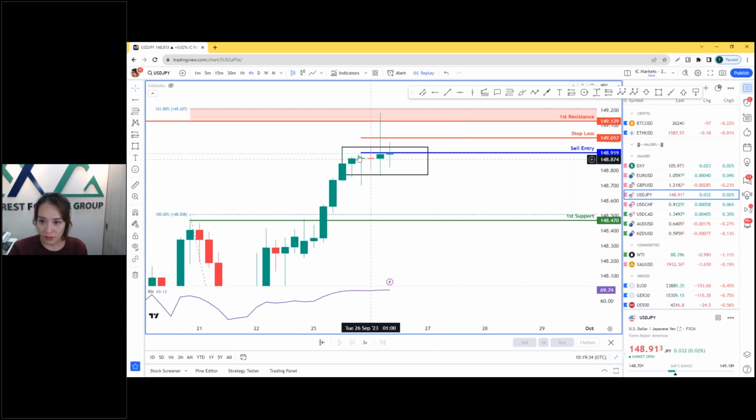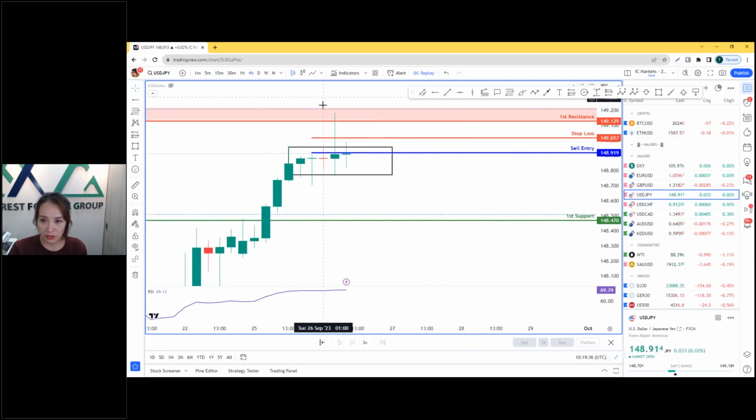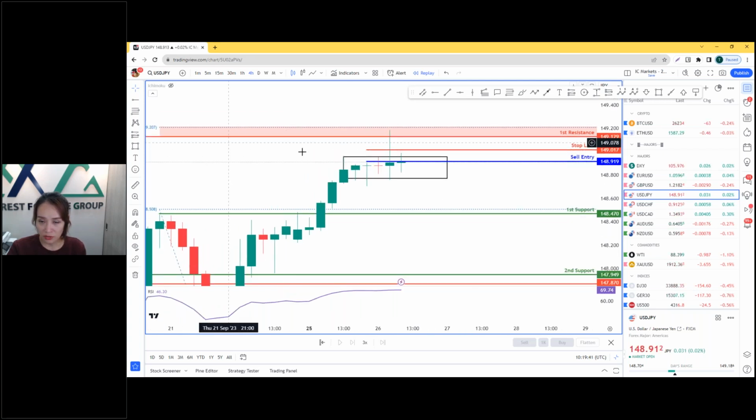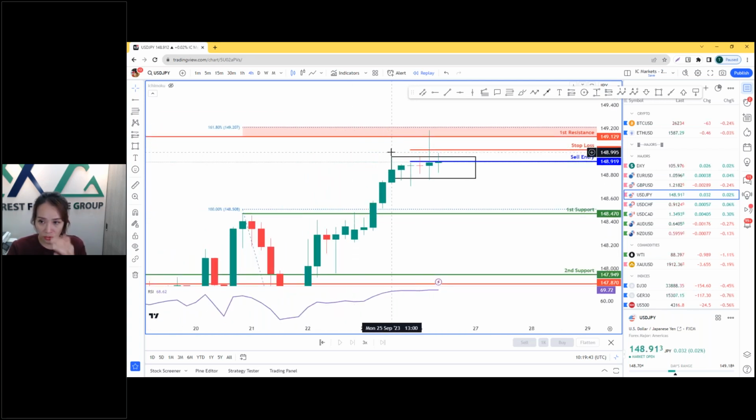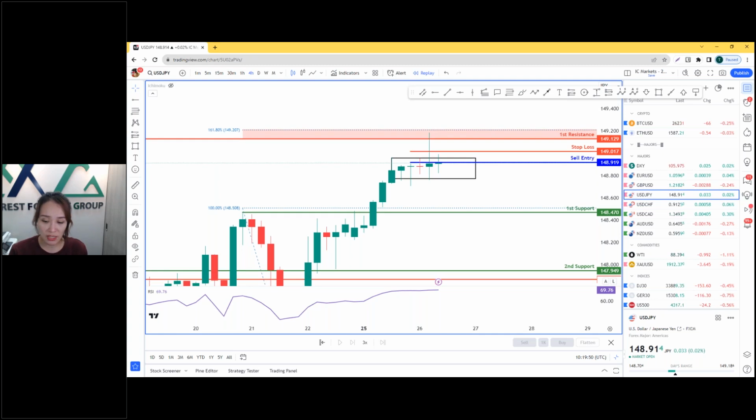And what you can see, you can get stopped out because price comes to the resistance, if you don't know how to draw it, and it comes to the 161.8 extension, because usually traders use the extension for their take profit.